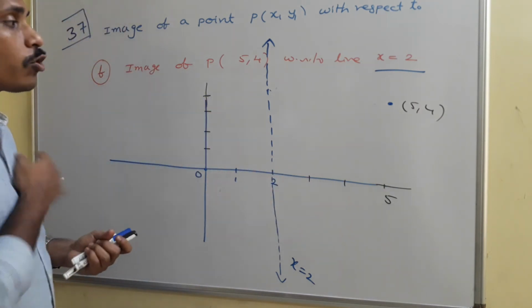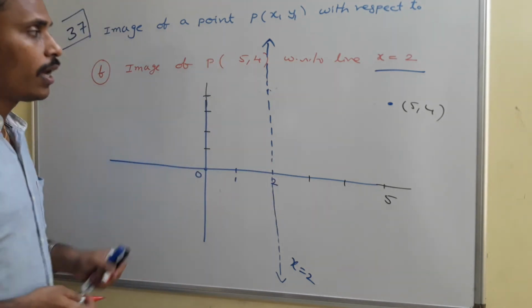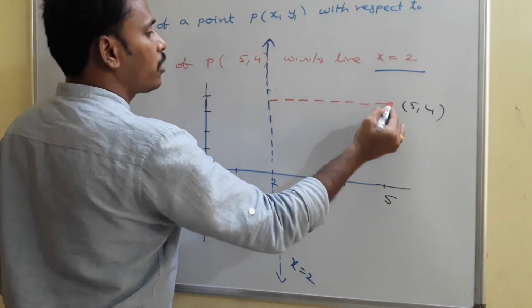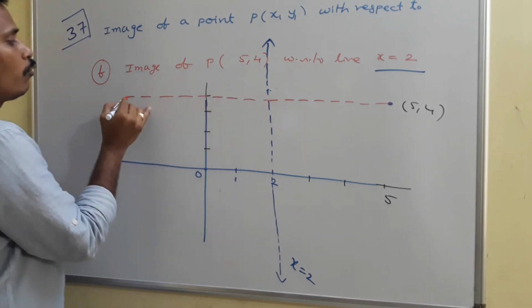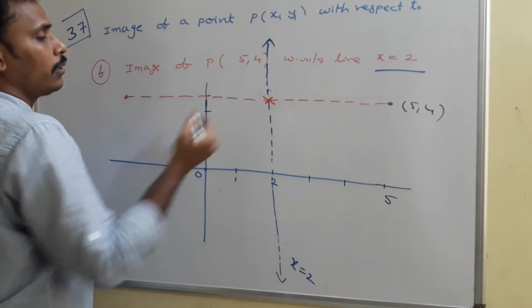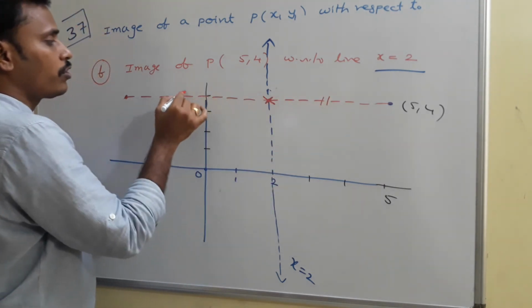Now the image of (5, 4) with respect to x = 2 can be located like this. We need to start from (5, 4) and reach the line, cross that line, and then move further the same distance. This distance should equal this distance.